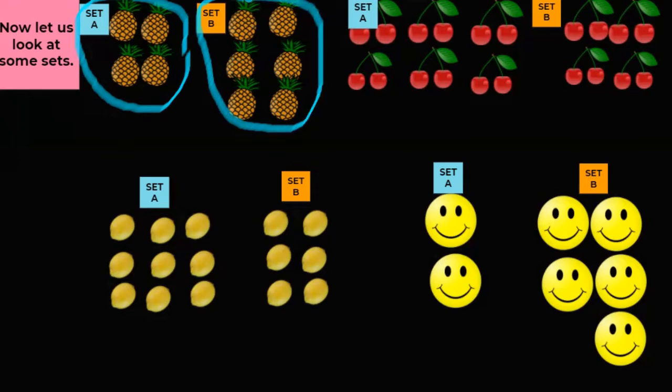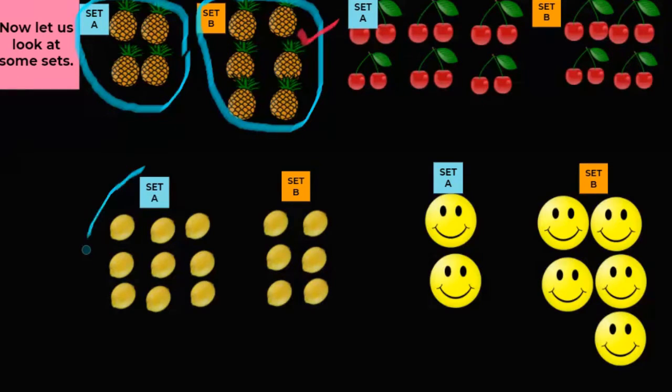Which is the greater amount? Six is the greater amount. Yes, 6 is greater than 4. So I'll just put a little tick right in set B.